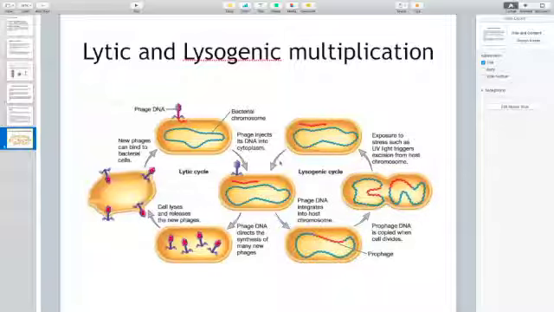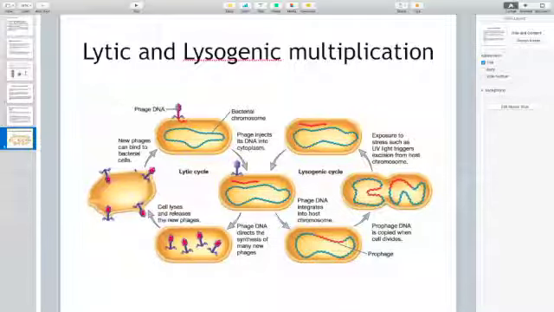At some point, and we don't understand that yet, something triggers, and the viral genome can splice itself out of the host genome and enter into the lytic cycle, leading to the reproduction of the viral particles known as virions and ending in the death and destruction of the host cell.